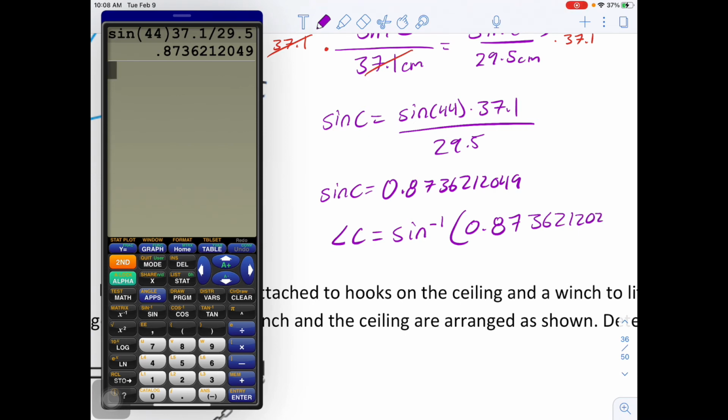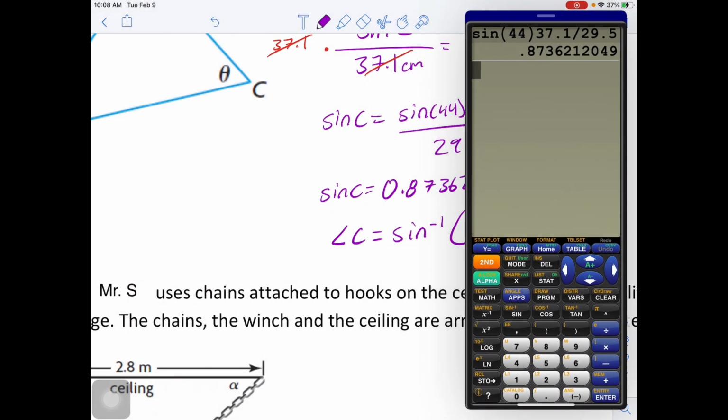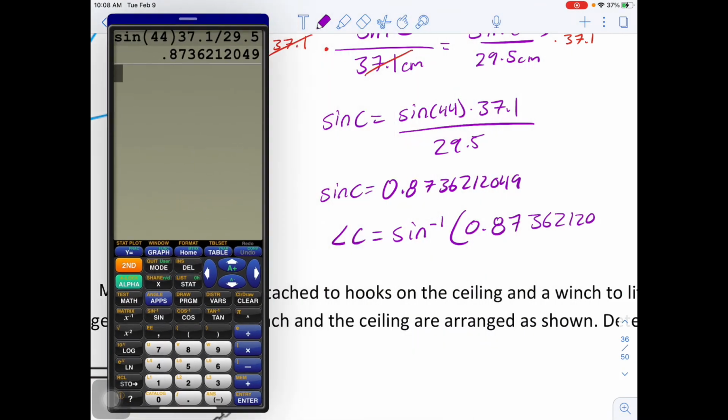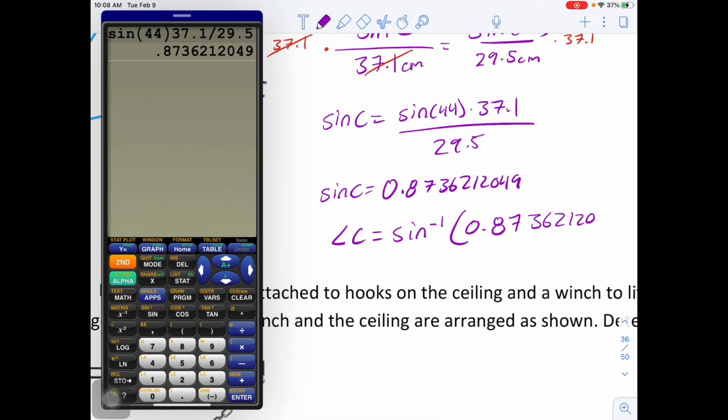0.873621249. And we will get the, so I'm going to press second sine. Now I want the answer that we just used, so this is a little trick.